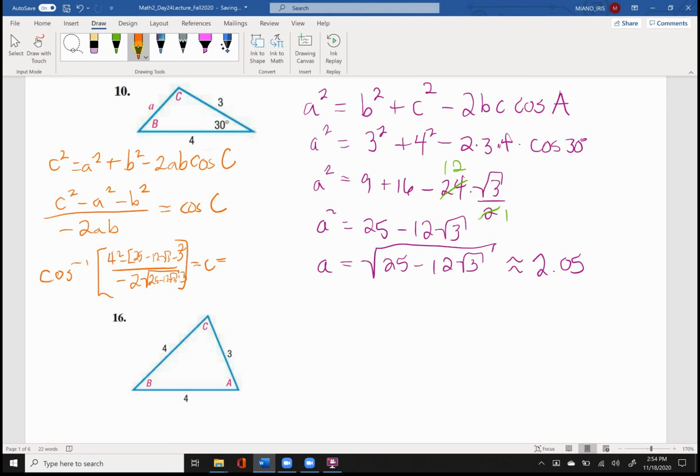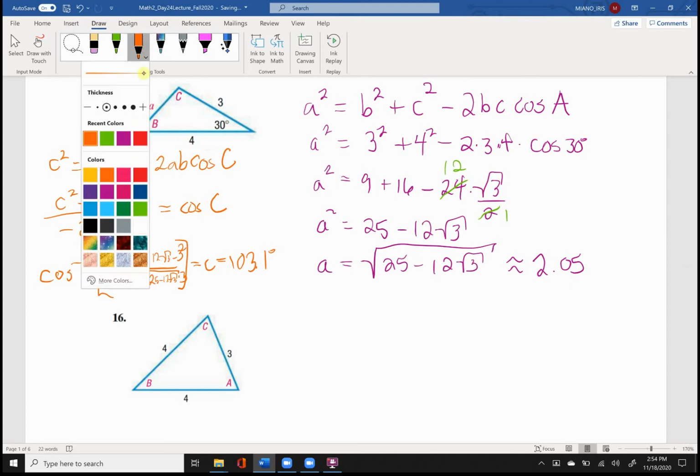You put all this into your calculator inside of an inverse cosine, and you'll get C is about 103.1 degrees. So you'll take this 103.1 degrees, add it to the 30 degrees that's already there, take that sum, which is 133.1 degrees, subtract that from 180, and then you will get what?